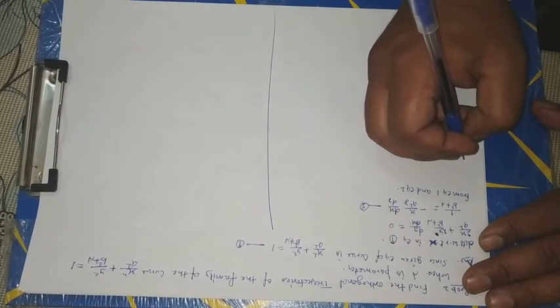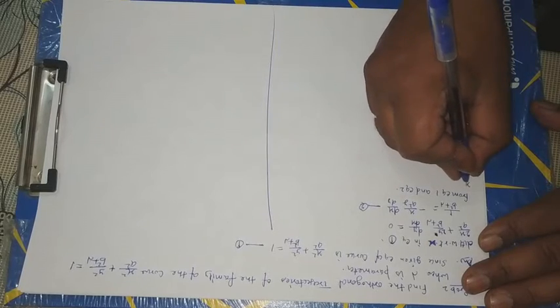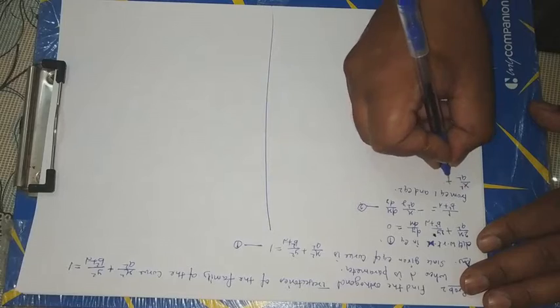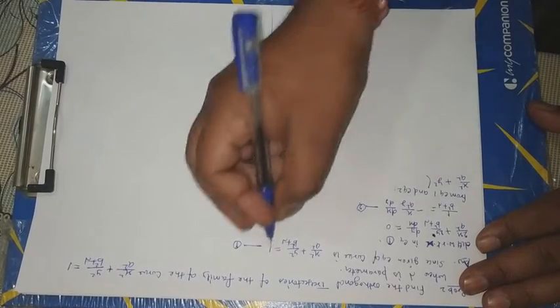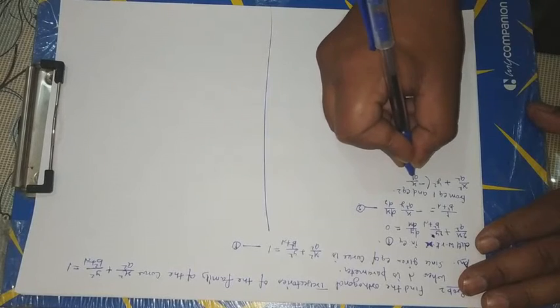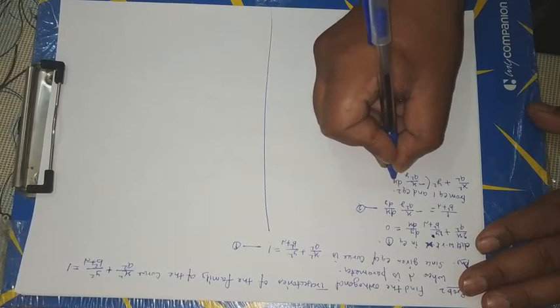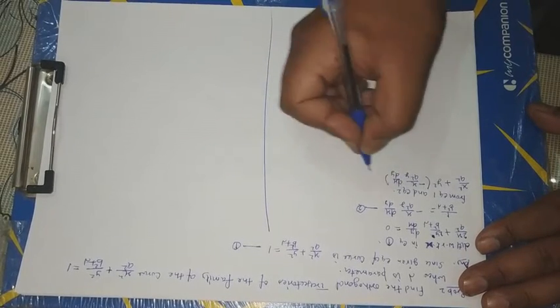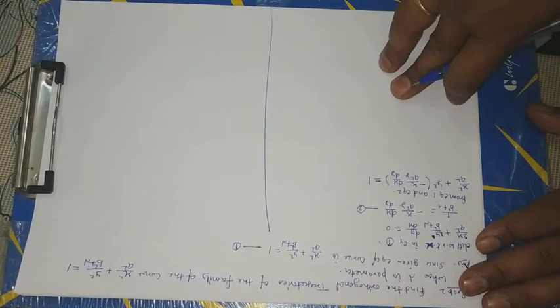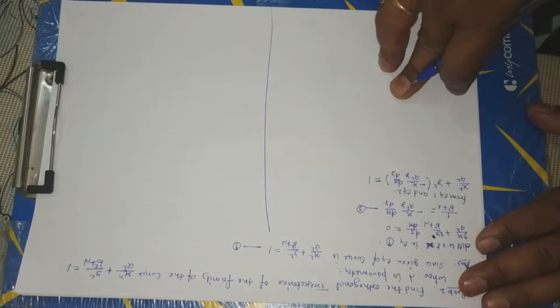That is, we can write x square upon a square plus y square into minus x upon a square y dx upon dy equal to 1. Okay student.